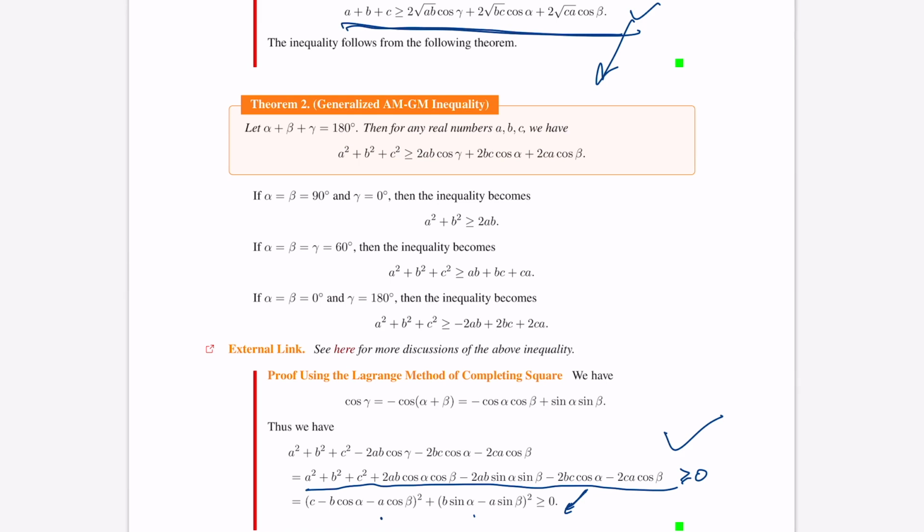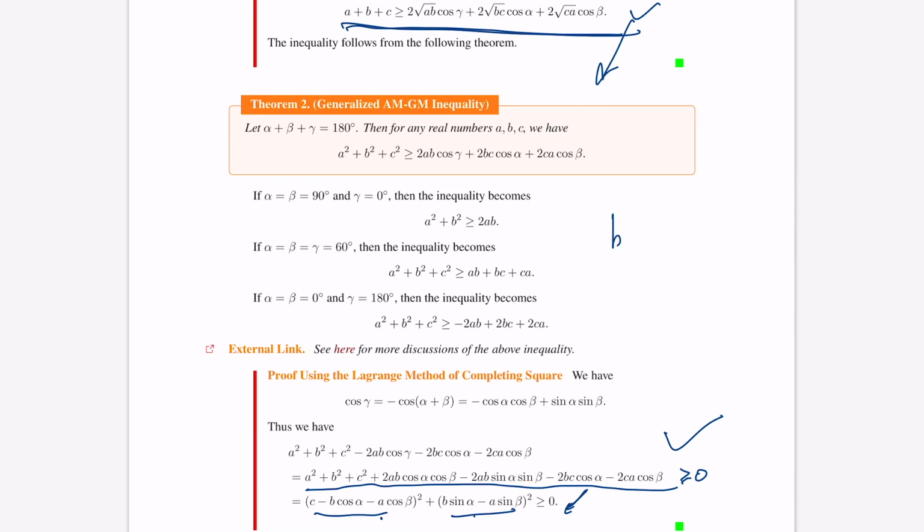Okay, from this you can also ask the question of finding conditions where equality would be true. Equality is true if and only if both of them are equal to 0, and then you will get some relations.